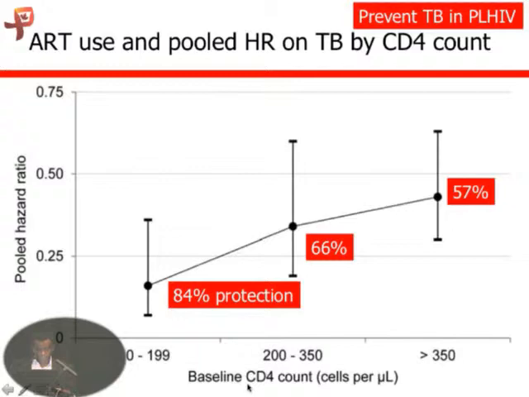In less than 200, there is 84% protection, between 200 and 350, 66%, and when people are getting it when their CD4 count is still more than 350, and actually the upper range for this group was 550, the protection is almost 60%. So this is a very clear evidence that ART, especially earlier ART, has a prevention effect on TB.